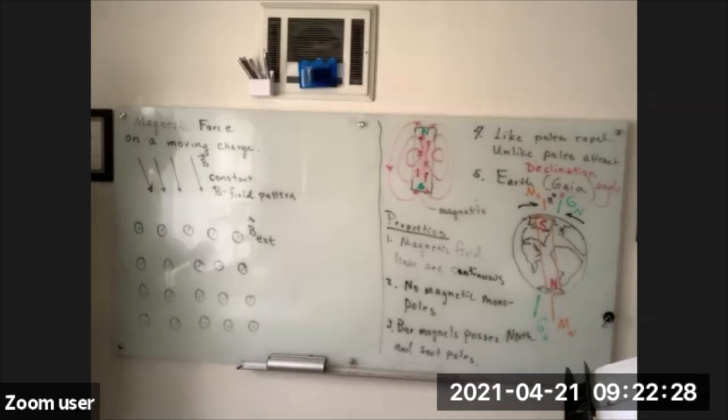So now let us consider this moving charge. This moving charge has charge and it has velocity. And it is moving. And let's say for the purpose, let's say that this external magnetic field, I have a switch and I could turn it on and off.